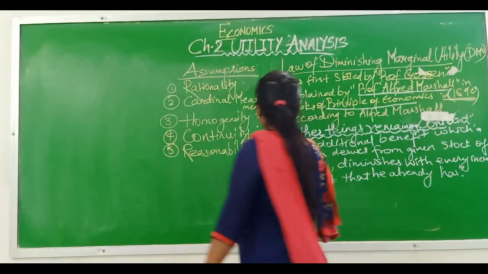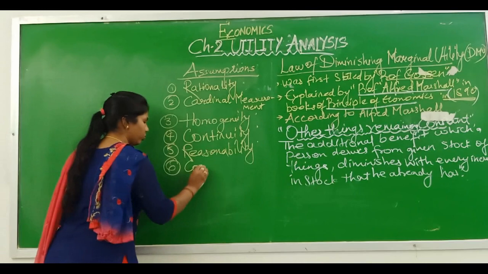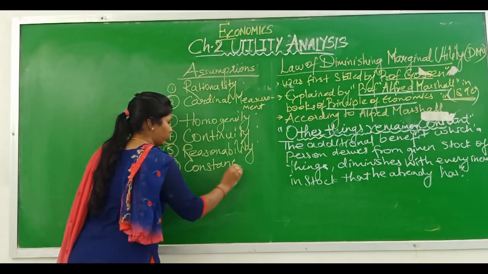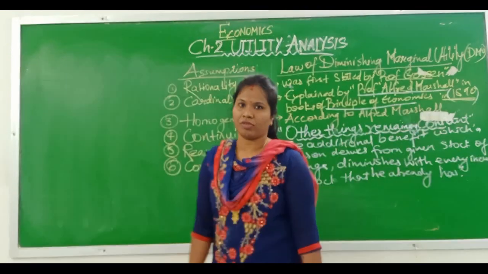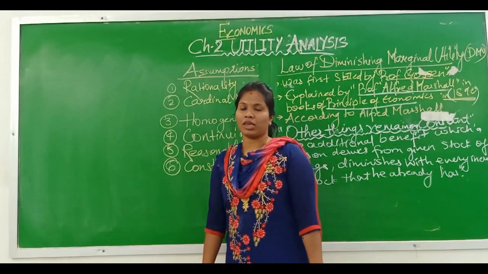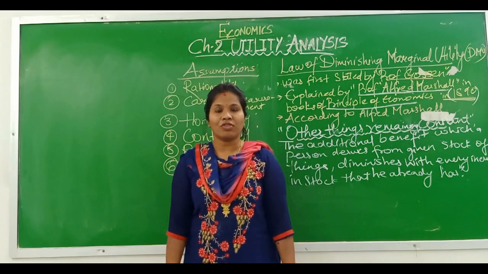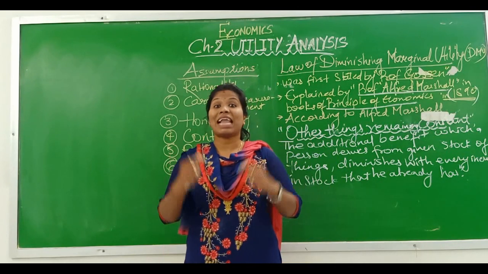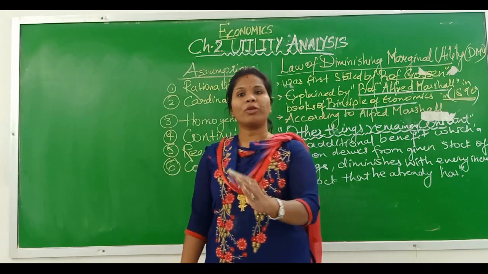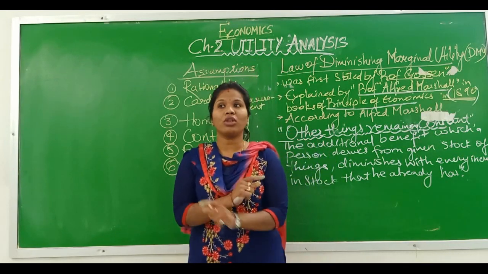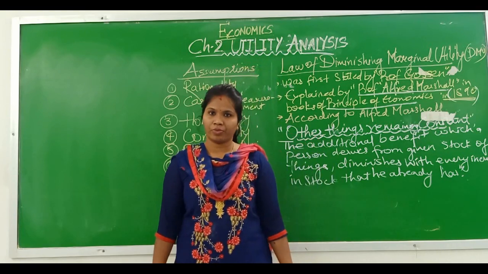Then the sixth one is constancy. What does constancy mean? Constancy means, kids, whatever he is consuming, his likes, his habits, his taste should be same. It should not vary with the number of units.